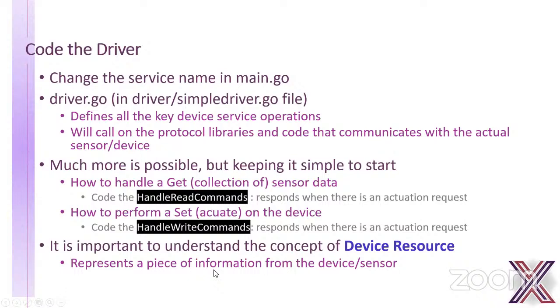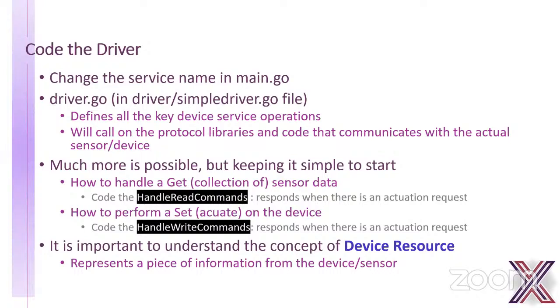Importantly, what we have to do is tell this driver how to communicate what we call device resource information. Device resource is the name that EdgeX gives to a particular piece of information, an attribute, a property, whatever name you want to give it, that the particular sensor or device is going to communicate one way or the other. In this case, my laptop, the one device resource I'm interested in is the temperature, or more precisely, the temperature of my CPU.